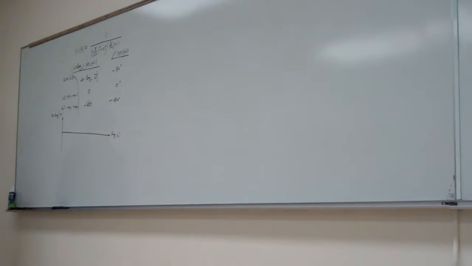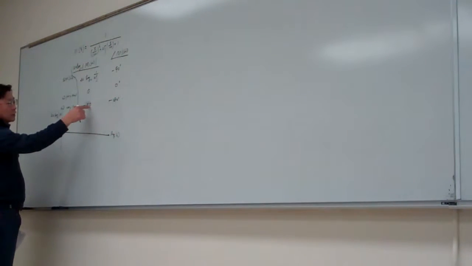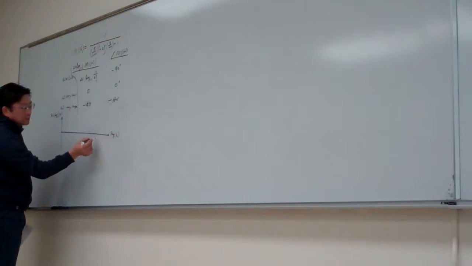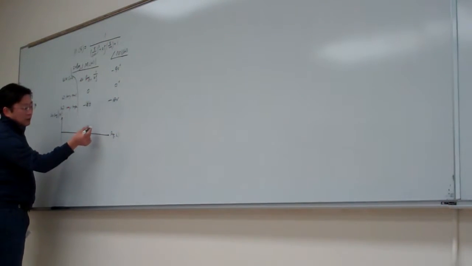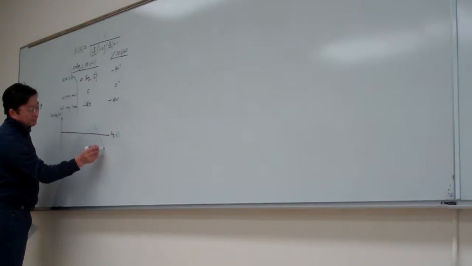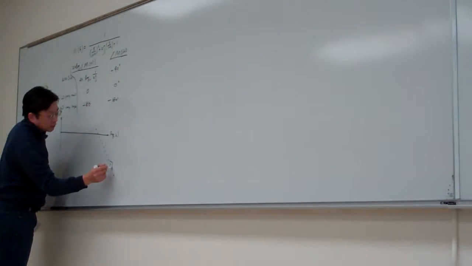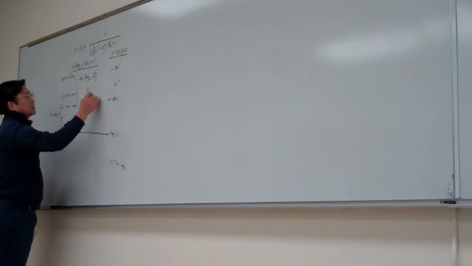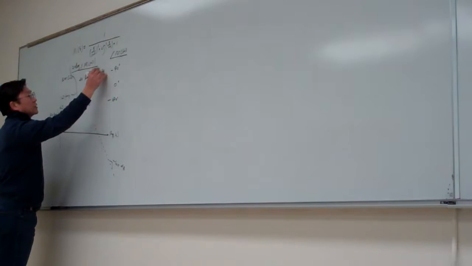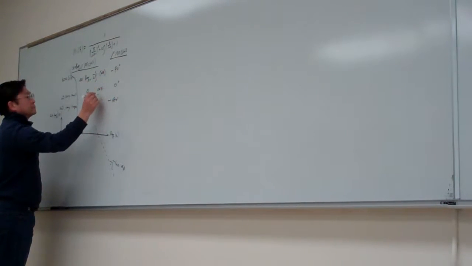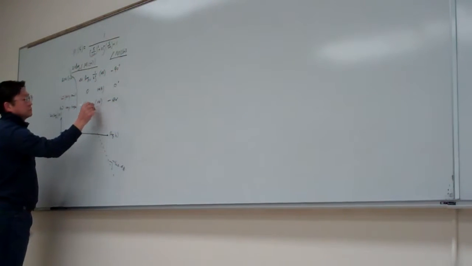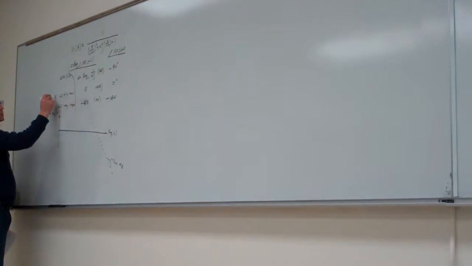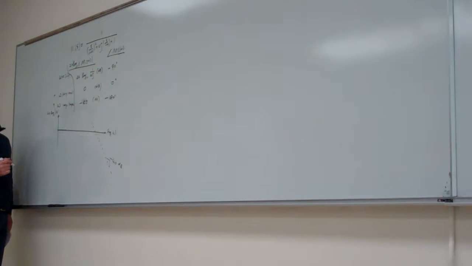And then when omega is very large, the slope is minus 40. So here I would draw an asymptote with the slope minus 40 dB, and again, the unit is in decibel here.